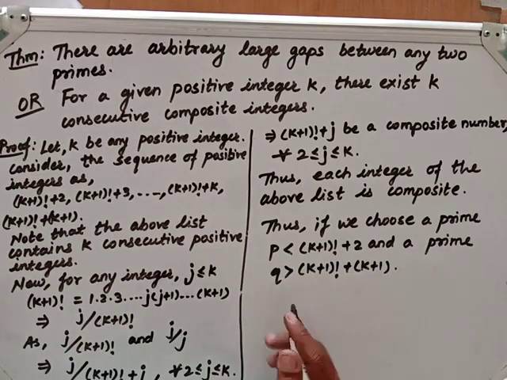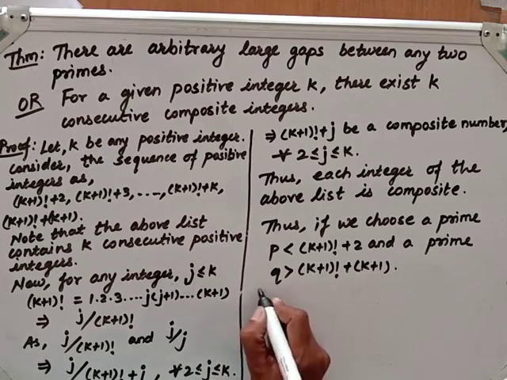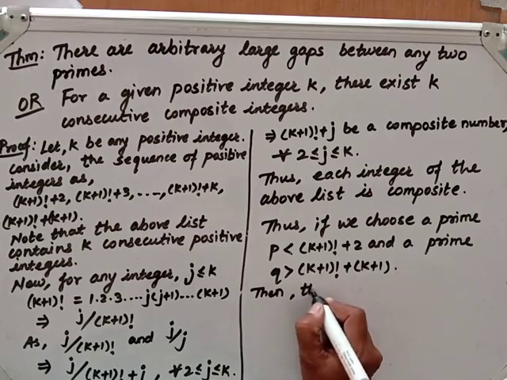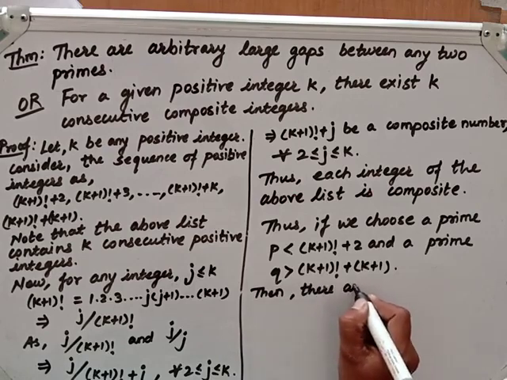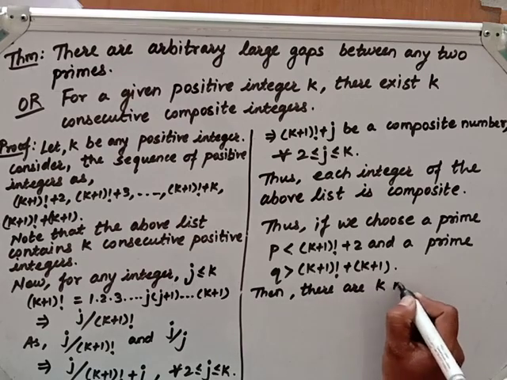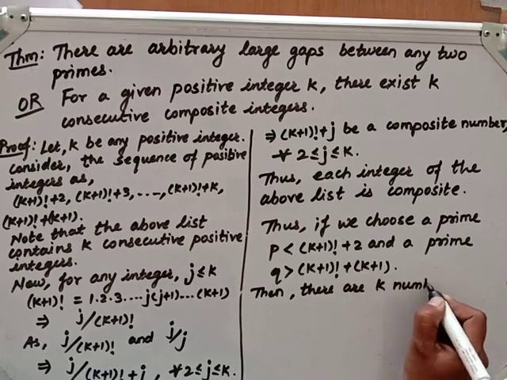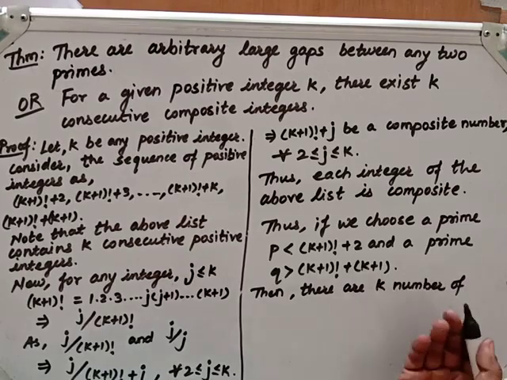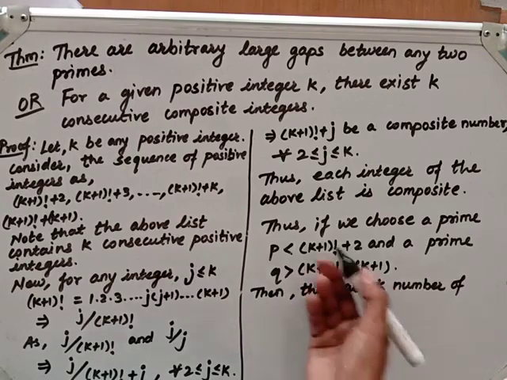There are k consecutive composite integers between p and q.